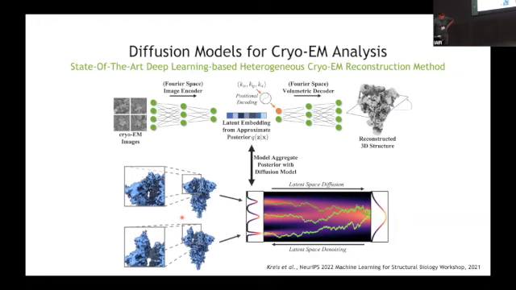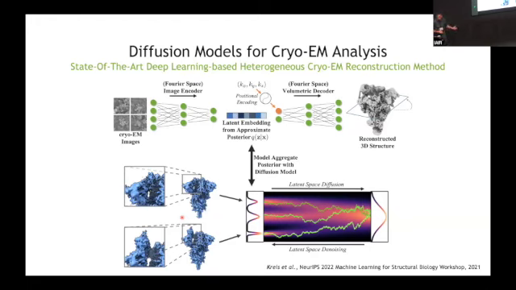We also have some work on cryo-electron microscopy analysis. That is also interesting. It's for protein structure reconstruction. You image it with your cryo-electron microscope. Then you get different images, slices, and the state-of-the-art method to do this is some sort of autoencoder-based method where you infer a latent embedding that determines the structure.